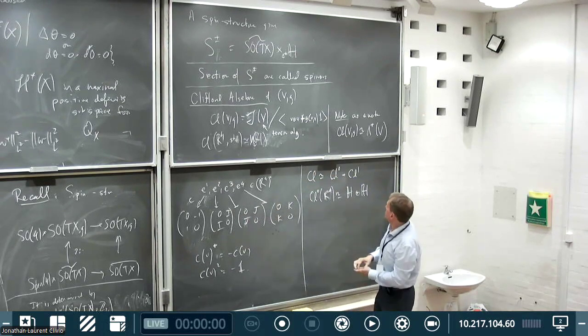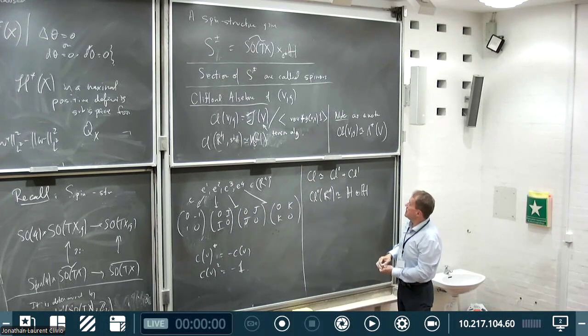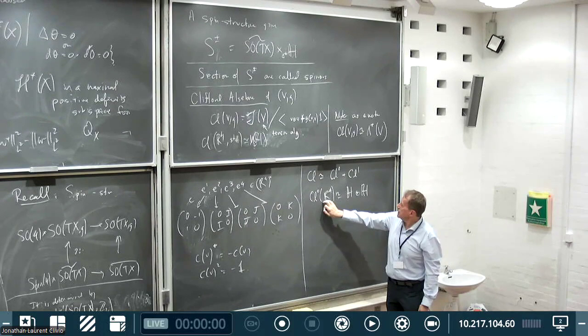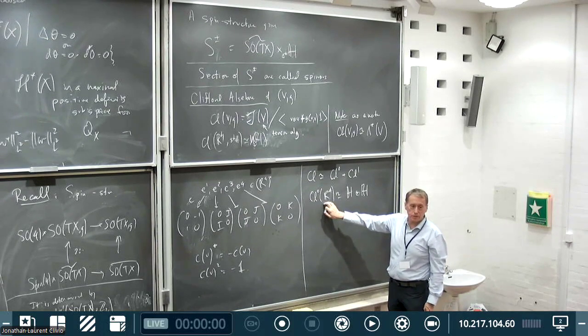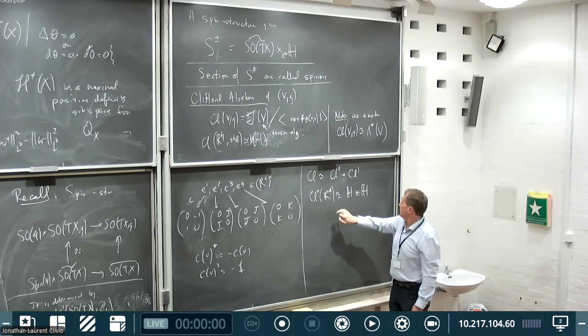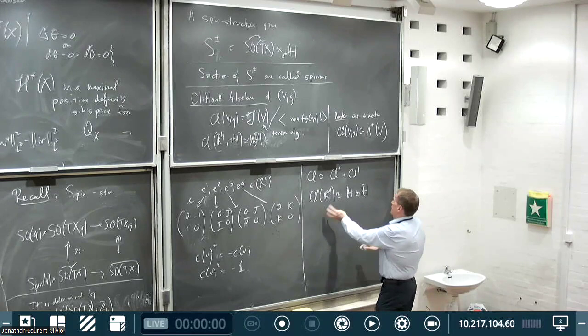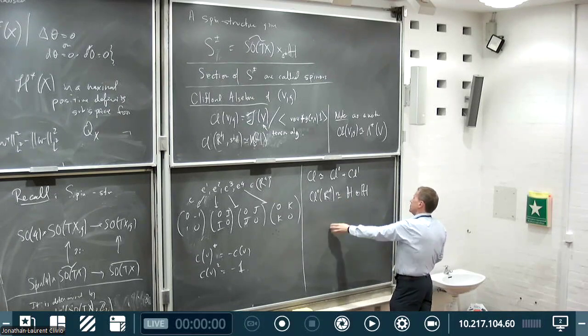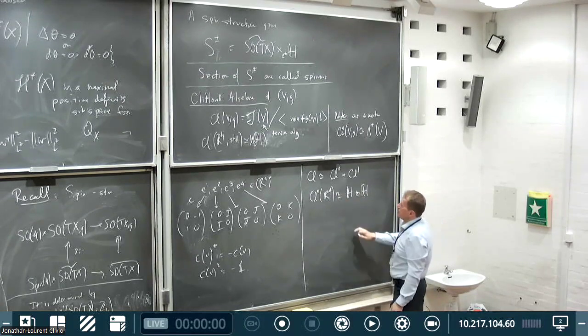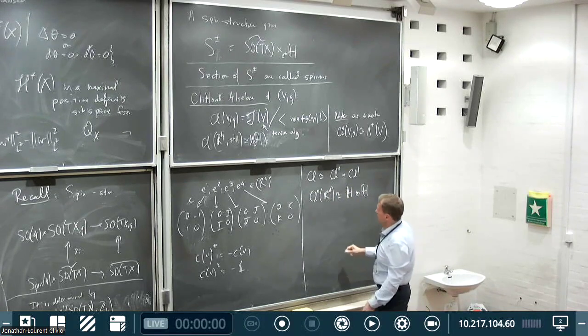These bundles S plus and S minus are a reflection of this. The spin group actually sits inside the Clifford algebra, and the projection of the spin group then acts on each of these, giving me delta plus and delta minus.